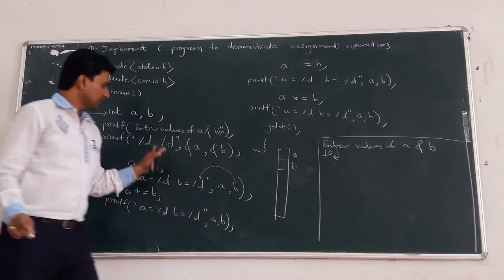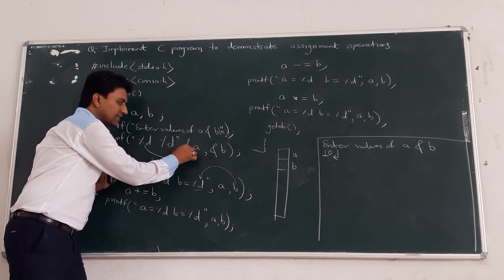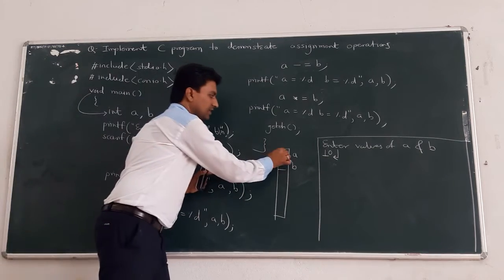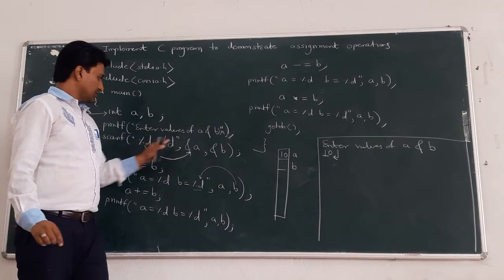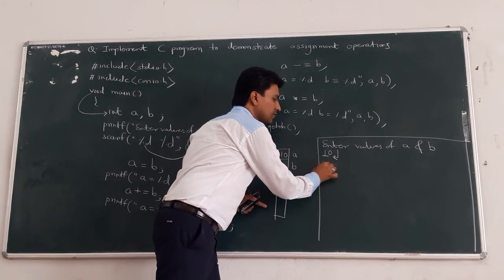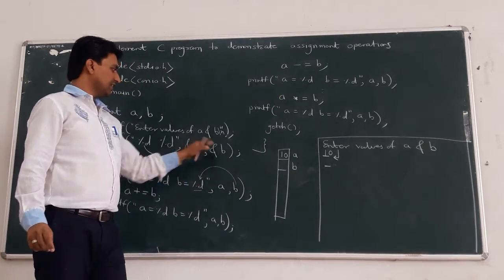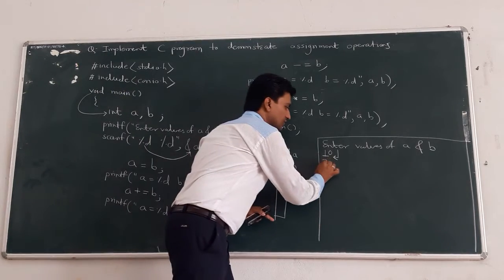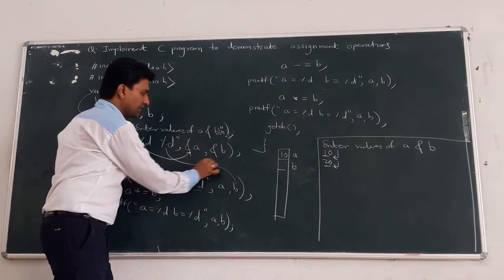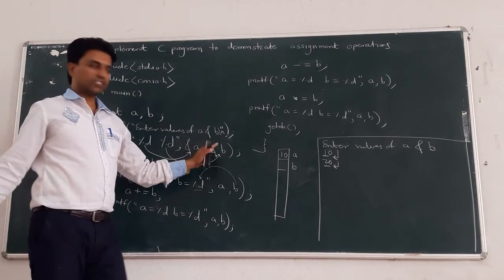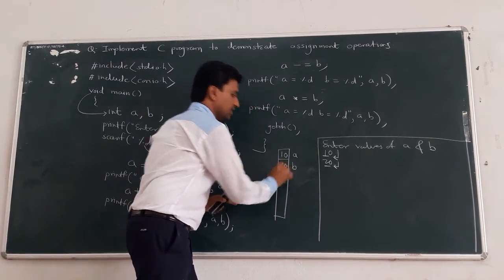This 10 value is assigned to the address of A, meaning here the 10 value is assigned. Next, again the cursor is blinking for taking the value for variable B. Suppose the user enters 20 and presses enter, then this 20 value is assigned to the address of B, meaning 20.